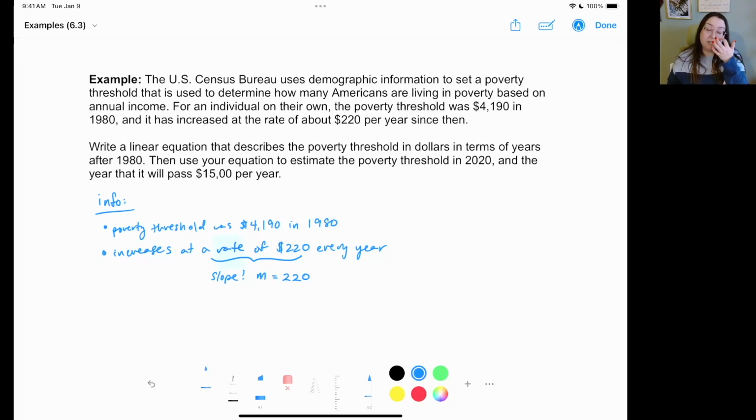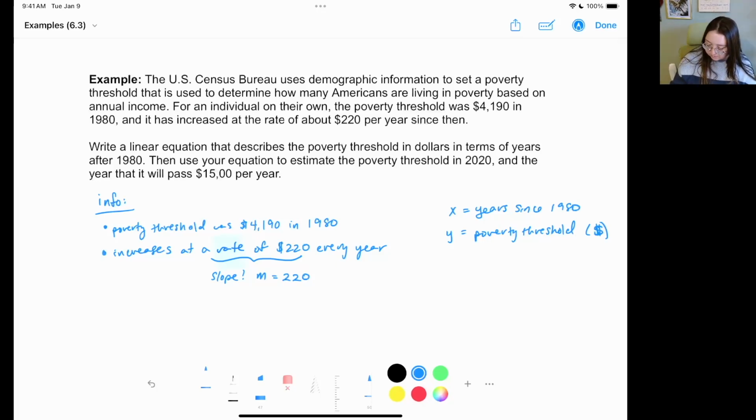We were able to identify our slope by recognizing the rate. Now we can say that X is years since 1980. And Y is going to be the poverty threshold in dollars.